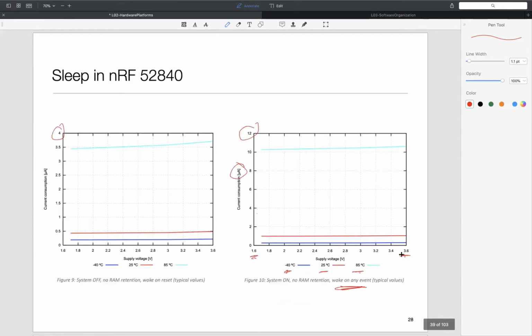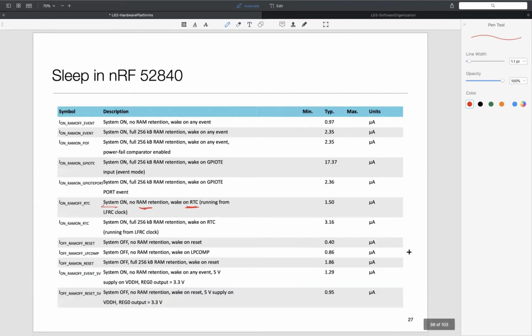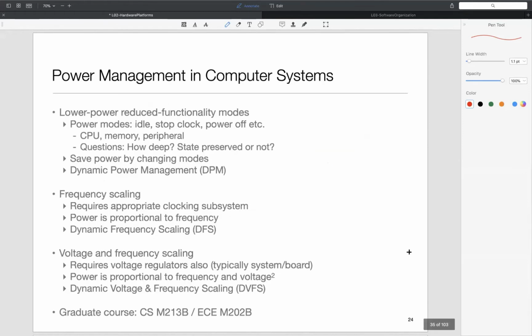So any questions? So again, remember, power versus energy, different. Current by itself is only half the story. And we have these 3 very broad methods: shutting down, reducing the frequency, which is largely useless for the most part, and then simultaneously reducing frequency and voltage.